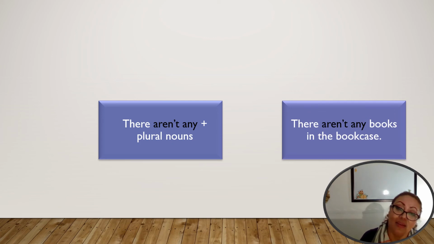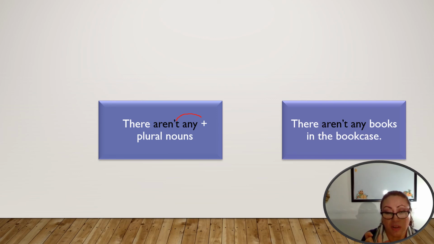Now, in this form, I can use a contraction because the R is not going to be together with the other R from there. I'm creating a new sound here. I'm separating the there, aren't. Now aren't becomes one sound with a negative, with a not. Are not. But when we speak English, we use a lot of contractions.